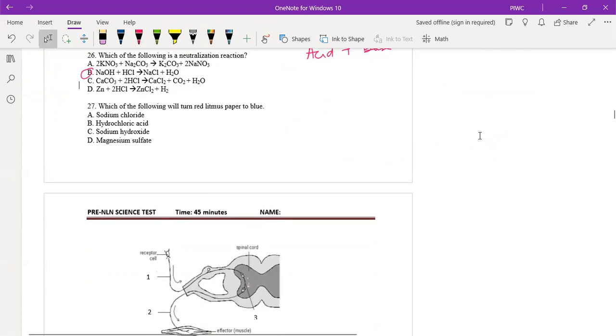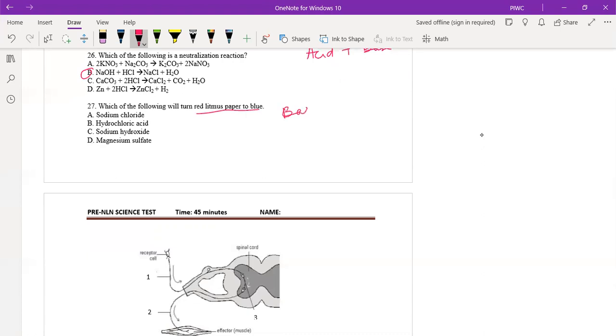27, which of the following would turn red litmus paper blue? Here's a question we asked someone else this morning. Red becoming blue means that you are dealing with a base, right?